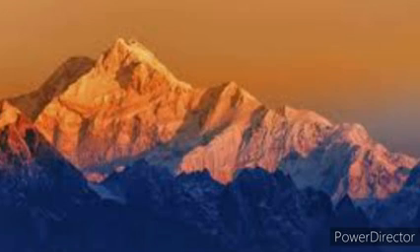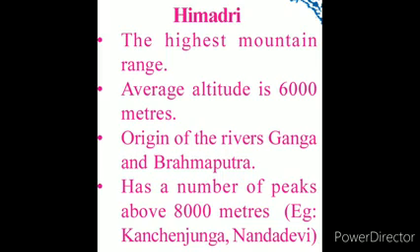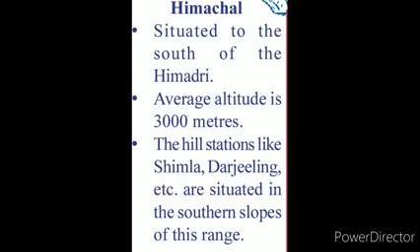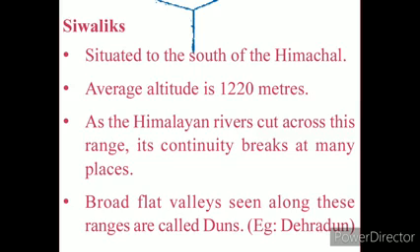These Himalayan ranges can also be divided into three. They are Himadri, Himachal, and Sivalik. And these are the features of the Himadri. Then second, turn to the features of Himachal. And the third, the characteristics of Sivalik ranges.